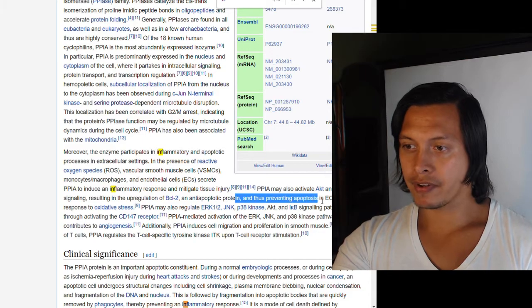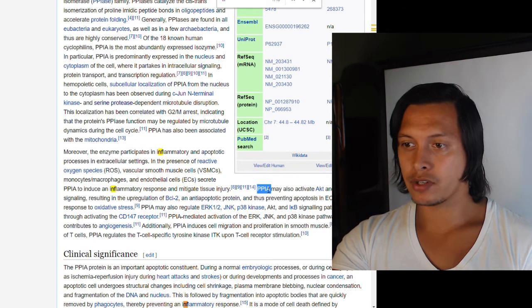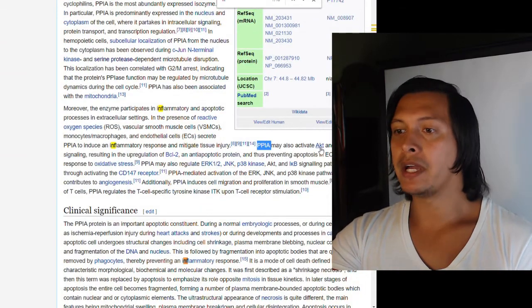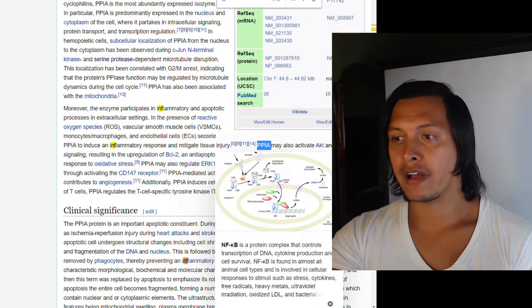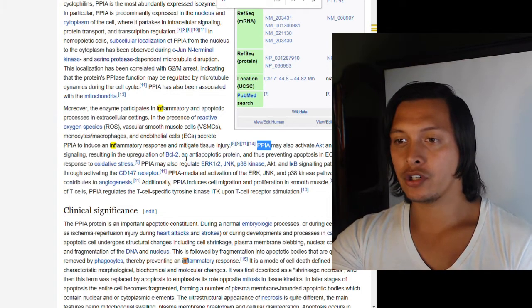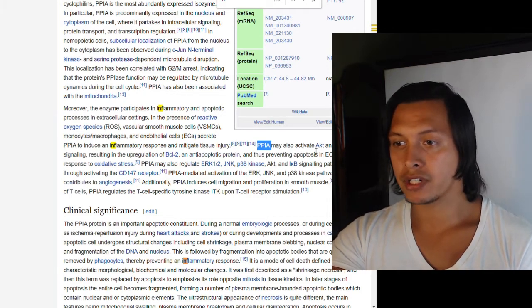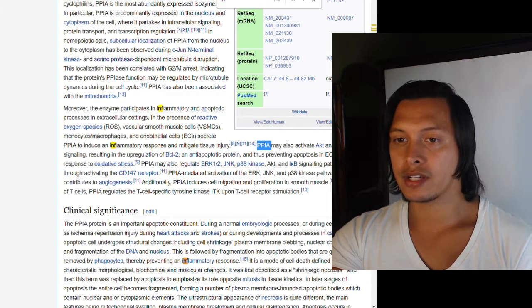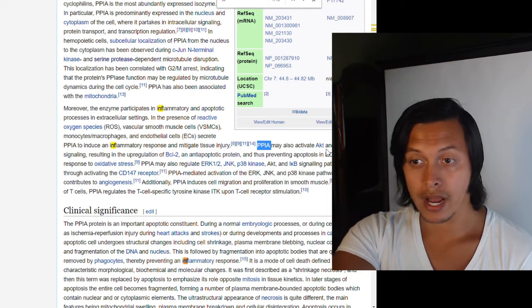Cyclophilin A may also activate AKT and nuclear factor kappa B signaling, resulting in the upregulation of BCL2, which is an anti-apoptotic protein, and thus preventing apoptosis in ECs in response to oxidative stress.